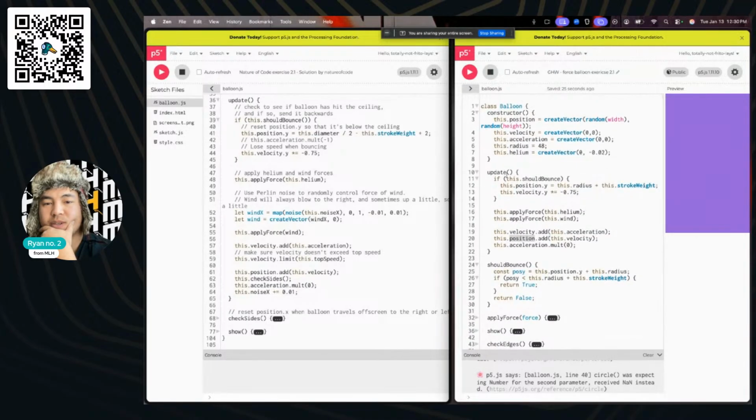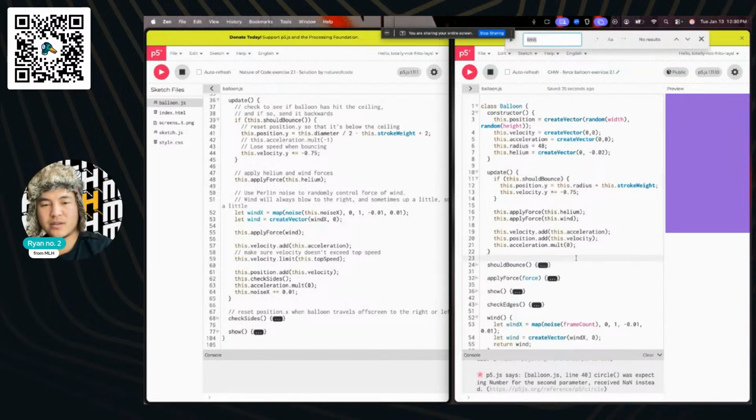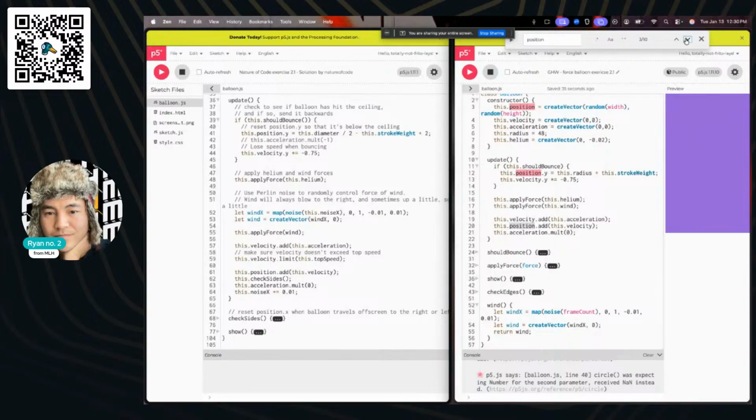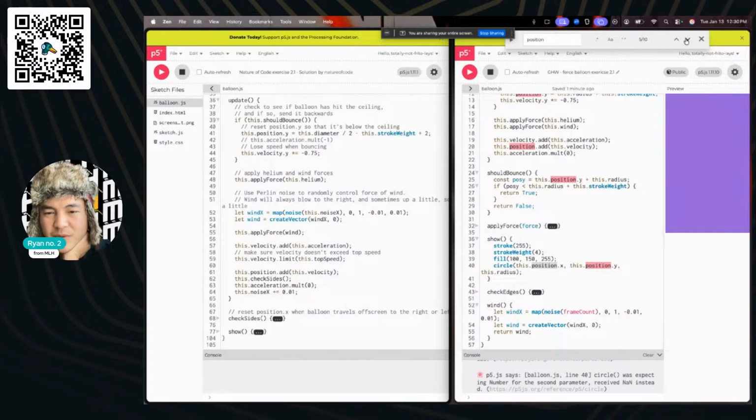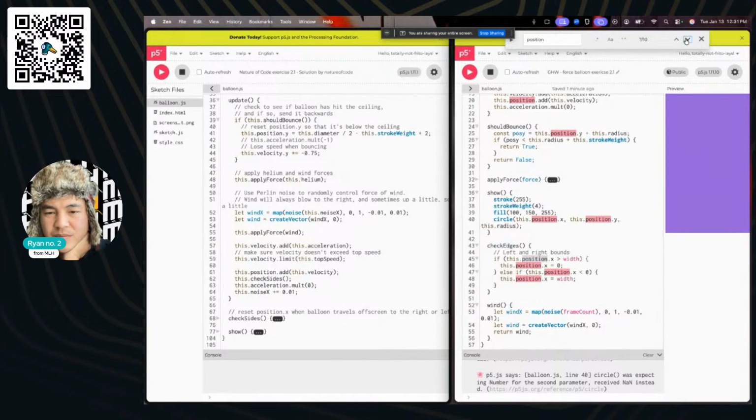Should bounce. This is definitely not going to be a problem here. Let's look at where we were using position. I think we've always been tossing in real numbers.